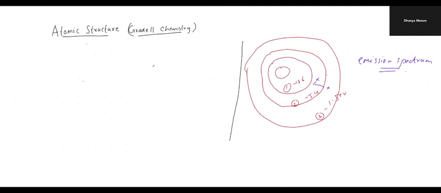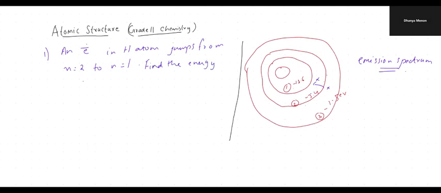So let's do a question. An electron in a hydrogen atom jumps from higher energy level N2 to lower energy level N1. So it loses energy and comes back to the lower energy level.